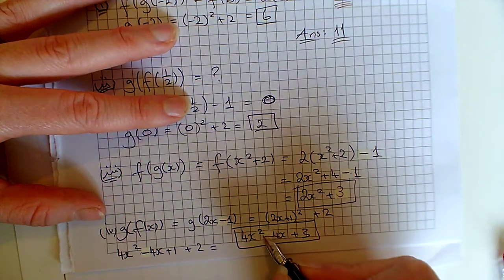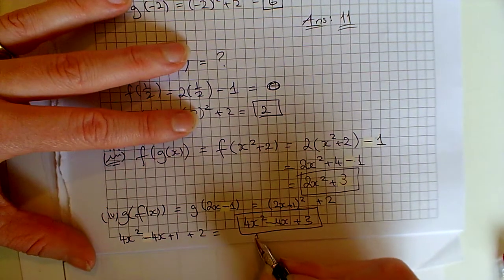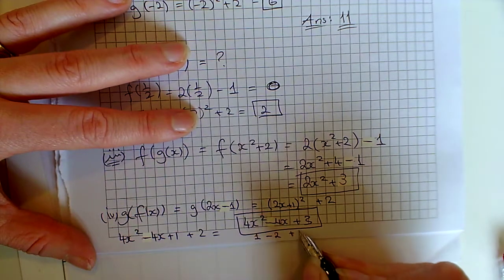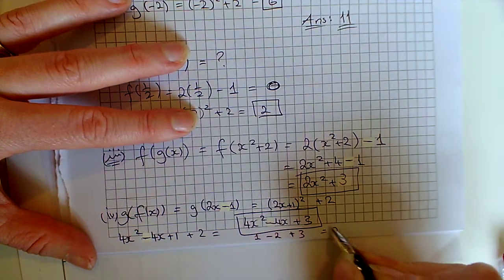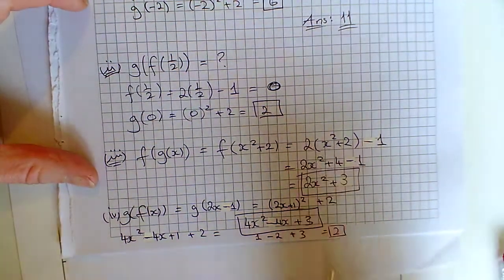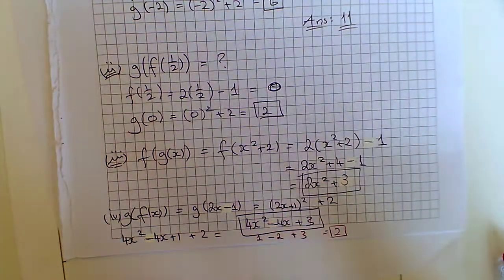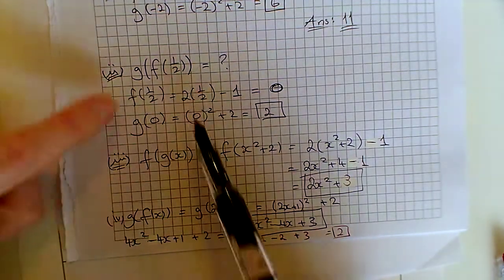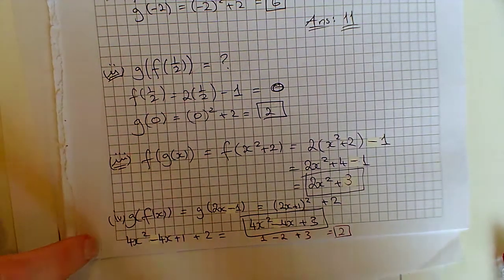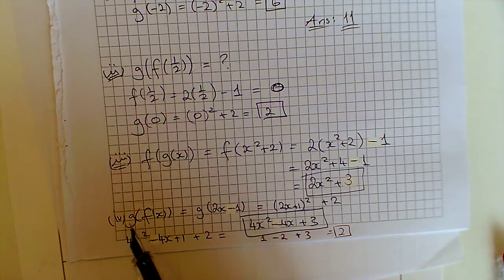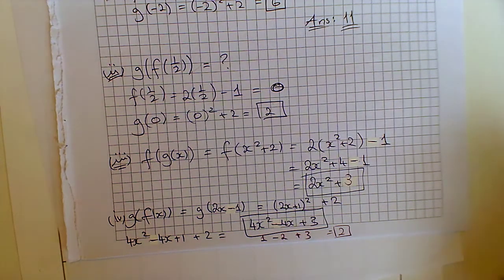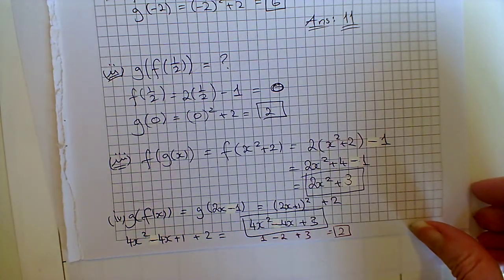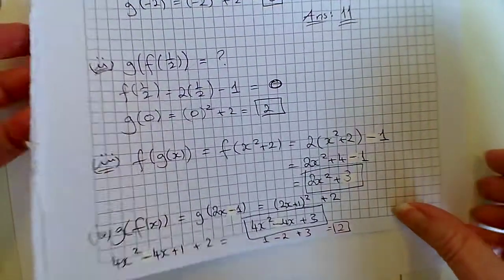So now, if I put a half into this, I should get 1 minus 2 plus 3, which is indeed 2. So check there. Okay, if you don't know what I'm doing there, don't worry about it. I'm just checking that this should give me the same answer as putting the half straight into this formula, because they're both g after f. One is just getting me a formula for g after f, whereas the other one is doing it step by step. Okay, let's go on then to question 4.